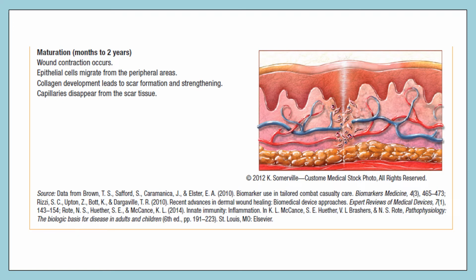And this is what a more mature wound looks like. This takes place in the months to 2 years. It takes 2 years for a wound at least to heal. Some people it takes longer. Some of you have wounds that you've had since you were a kid that have never gone back to completely normal appearance.